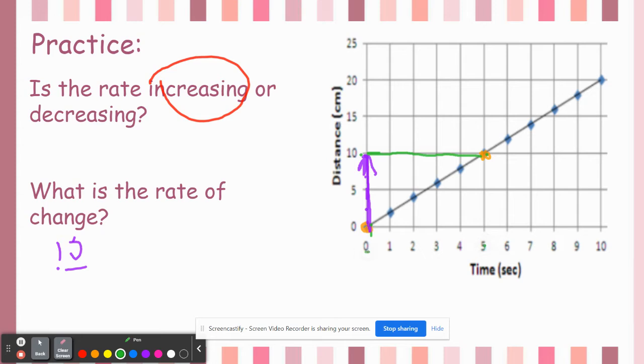Well, that number's 5, so from 0 to 5. So 1, 2, 3, 4, 5. So this one is by ones. So that would be positive because we're going to the right, so that's positive 5. And then we're going to use Desmos to simplify 10 over 5, and we get 2. 2 what? 2 centimeters per what? Second.